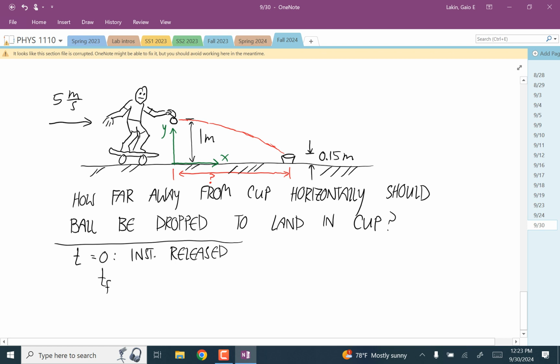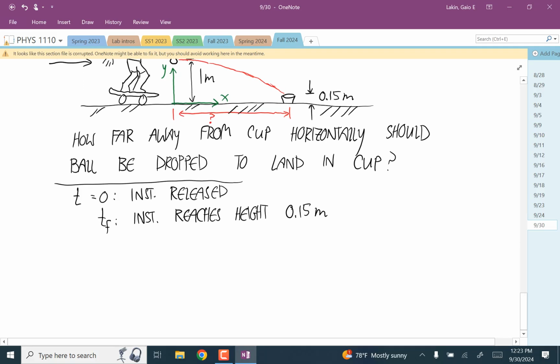Time final is going to be the instant that it reaches a height of 0.15 meters. And now I'm going to give you a minute or two. See if you can fill out what variables we know and what we're trying to find for this.